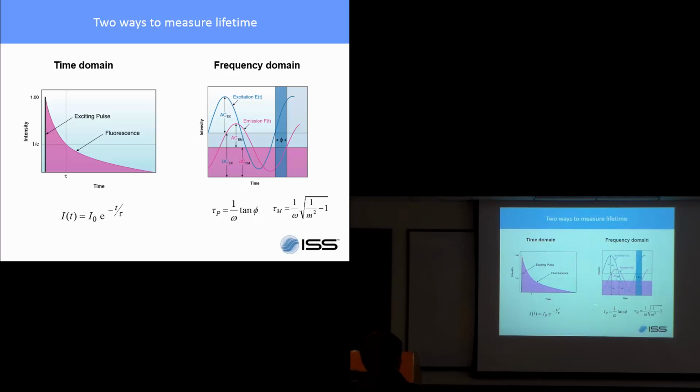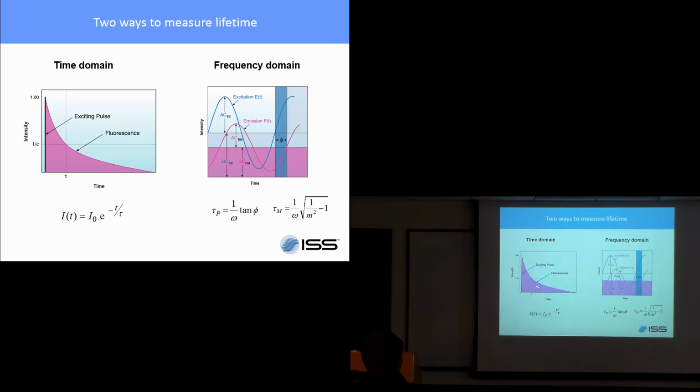Take one of these instruments and do the measurements. Here I will make a little digression on the instrumentation. There are 2 ways to measure the decay time. One is called time domain, the other frequency domain. In time domain, the idea is to hit your fluorophore with a narrow pulse of light, detect the photons that decay after a certain time, and build a histogram.